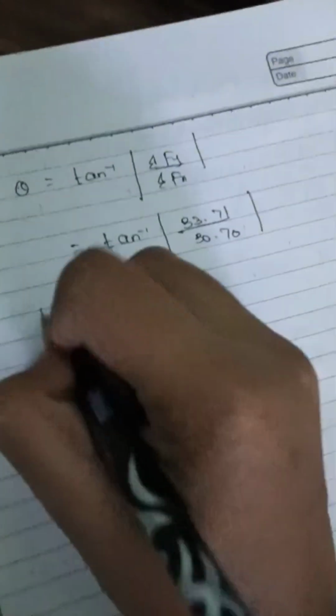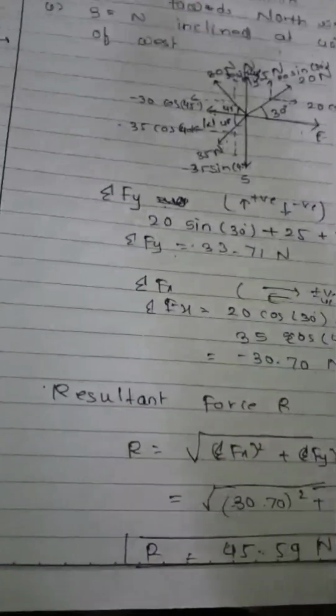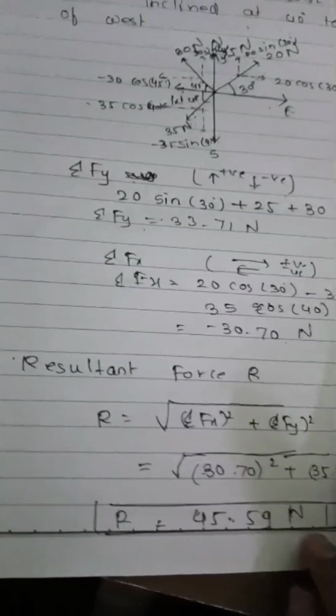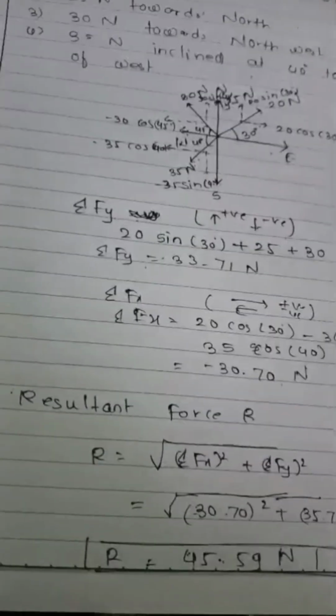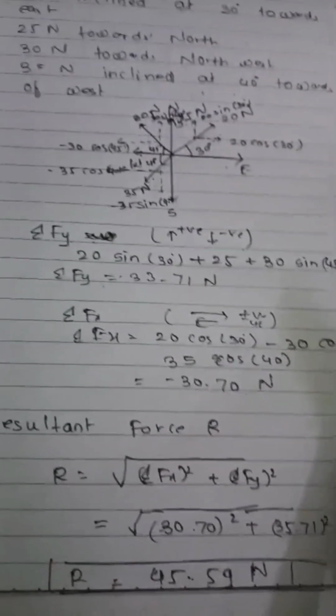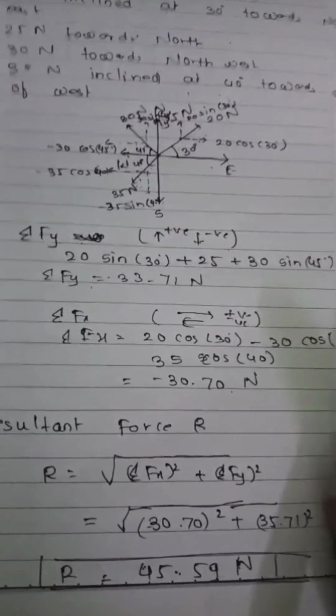Operating this on the calculator, we get theta, that is 47.67 degrees. So in this way we can calculate the direction of the resultant force and the magnitude of the resultant force. It is a very simple way to calculate by resolving the forces.